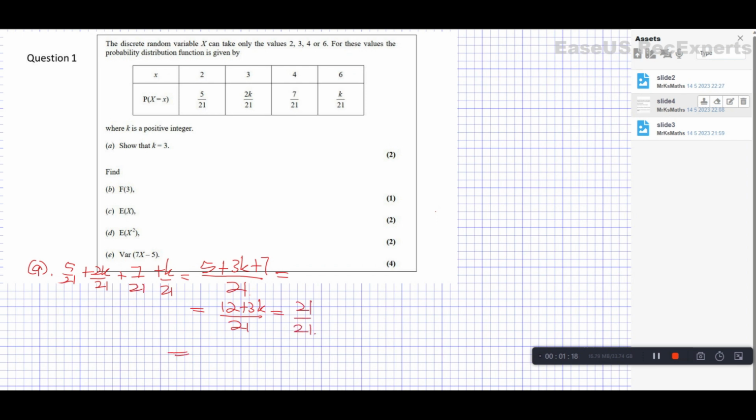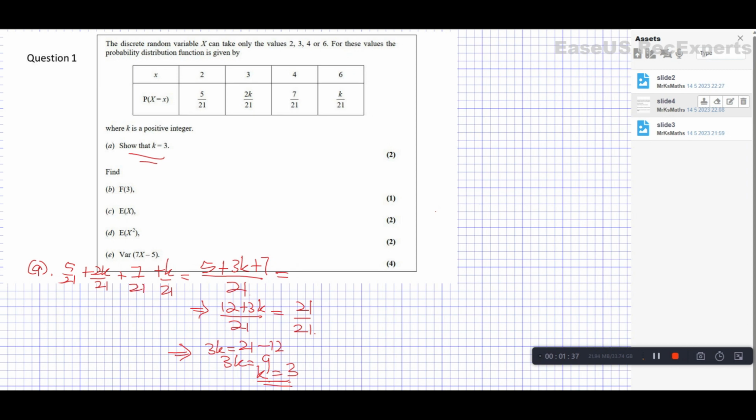So therefore 3k equals 21 minus 12, and 3k equals 9, so k equals 3. Make sure you show that, because the marking scheme might require that.